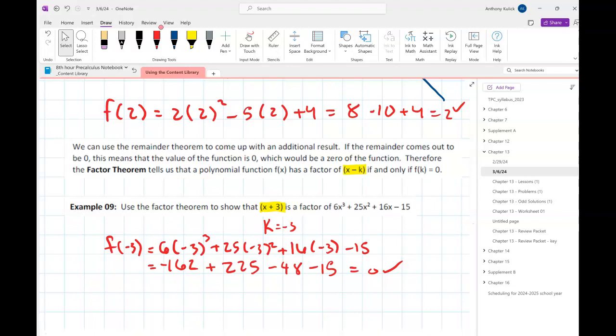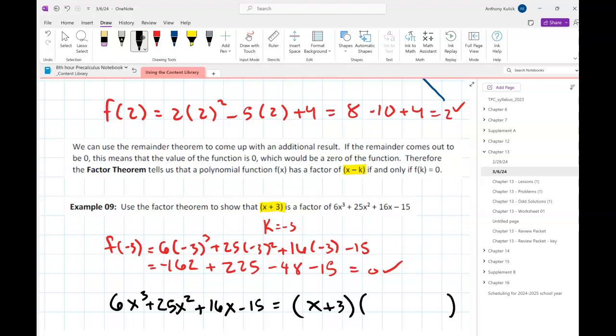So what does this tell us then? It tells us that this polynomial is equal to x plus 3 times something. We don't know what that something is, right?